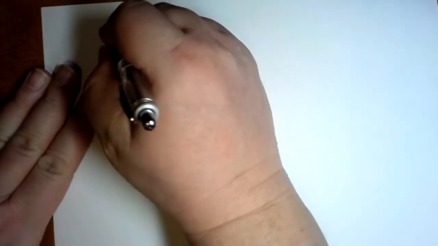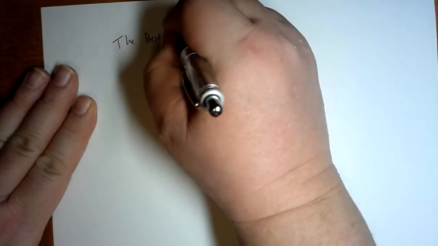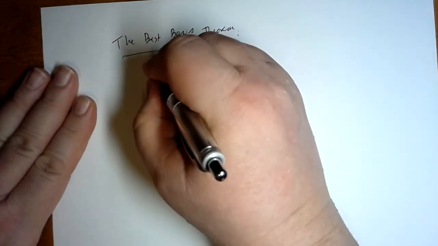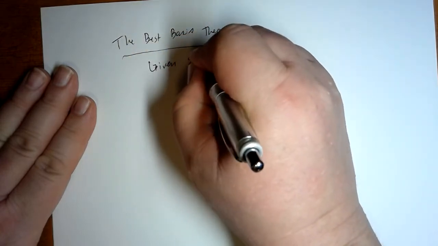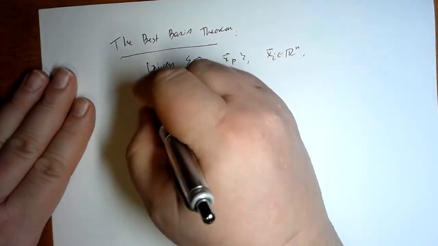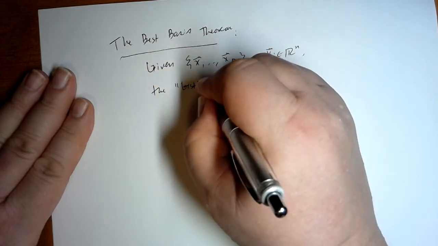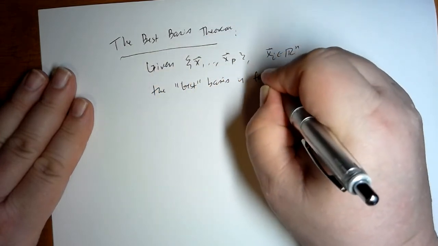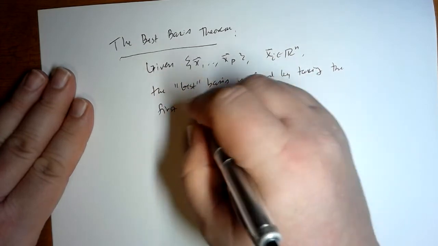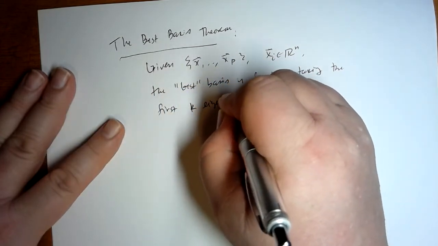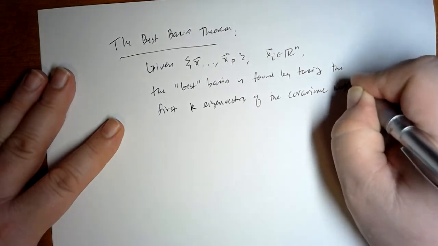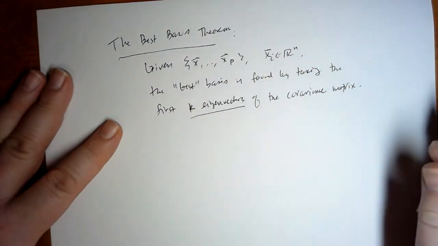The best basis theorem: given data x1 through xp, where xi is in R^n, the best basis is found by taking the first k eigenvectors of the covariance matrix.